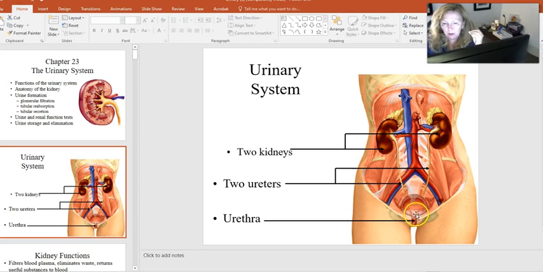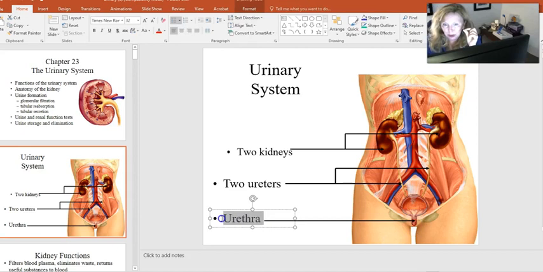And then when voiding happens, when urinating actually happens, there is a sphincter muscle that relaxes and allows for the urine to be sent to the exterior. And this muscular tube, in women very short and men much longer, is called a urethra.